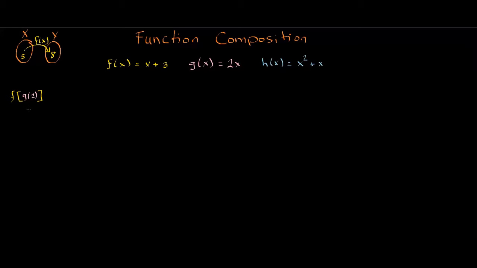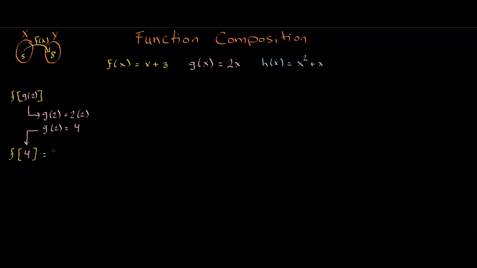So the idea to move forward from here is just to answer a question: what is g of 2? I'm going to solve it in here. g of 2 will be just the same as 2 times 2, so g of 2 would be equal to 4. This 4 is now what we are actually going to input in f here.